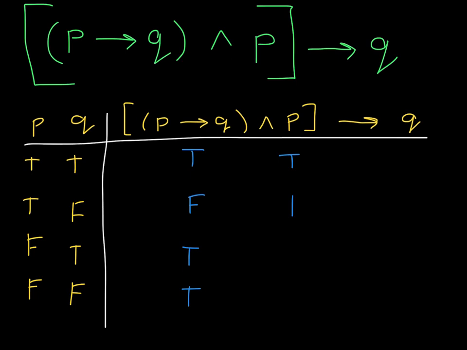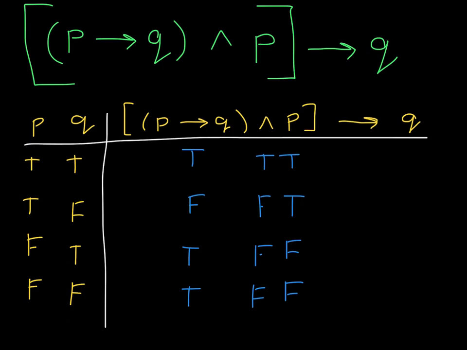I don't want to make a mistake, so let me copy those down really quickly. Now I am filling in the truth values underneath this conjunction. Remember, a conjunction is true only when both statements are true. And so this is going to be true here, false here, and false here.